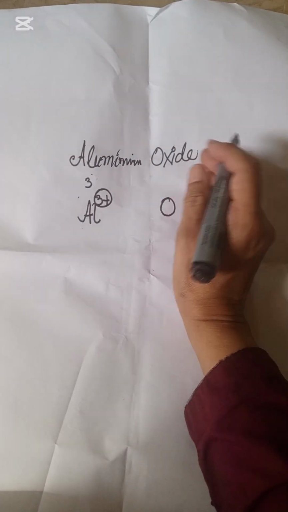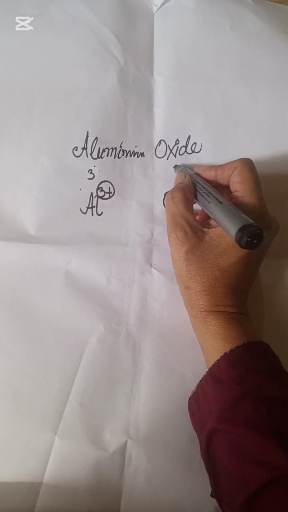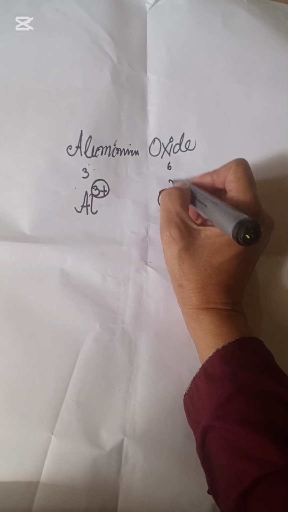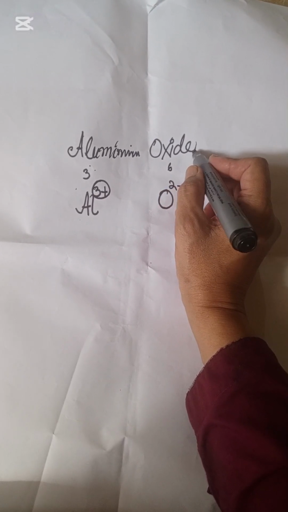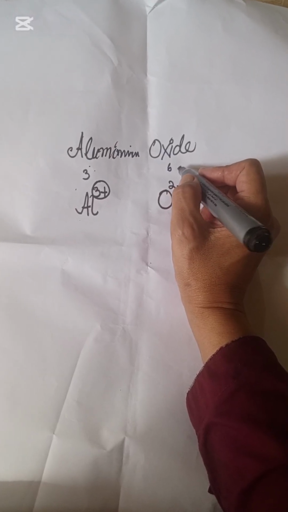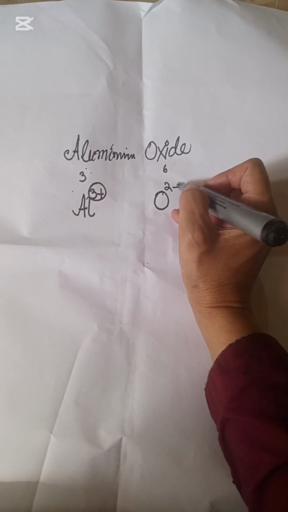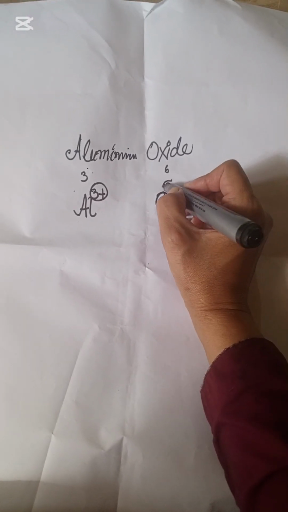Oxygen belongs to group number 6, so it has a charge of 2 minus. That means it gains 2 electrons, from 6 electrons to become 8 electrons, right? So it is 2 minus.